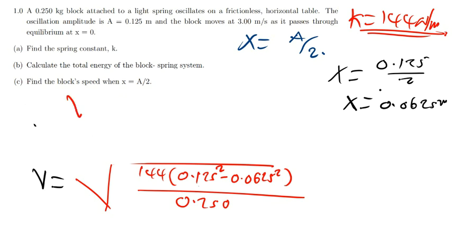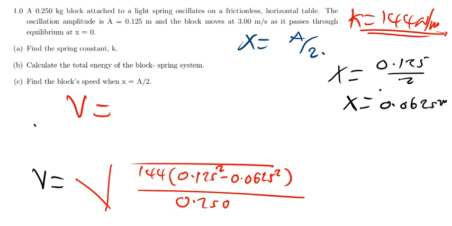Our v will be equal to, I'll first deal with what is in the brackets, 0.125 squared minus 0.0625 squared. The answer I get, times 144. Then again the answer I get, I divide it by 0.250. Then I get the square root.